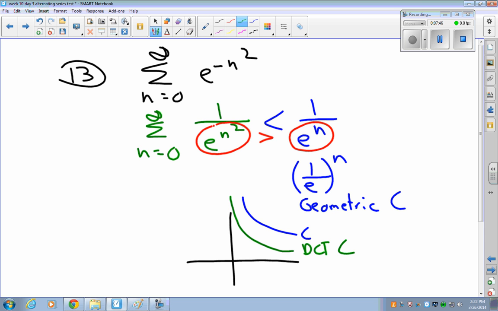Okay, so let's try limit comparison test. I got 1 over n squared all over 1 over n.